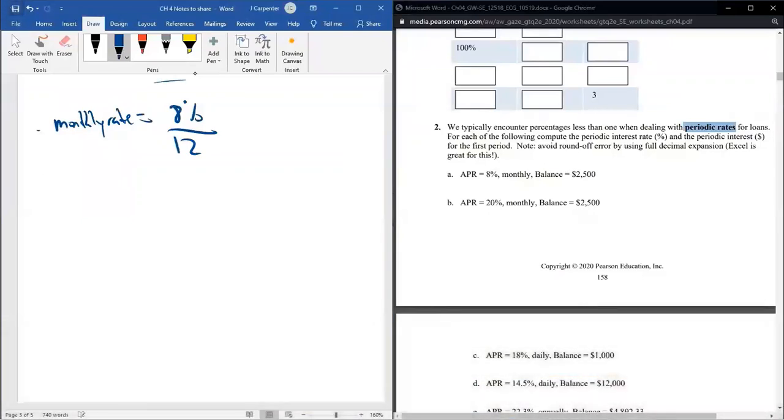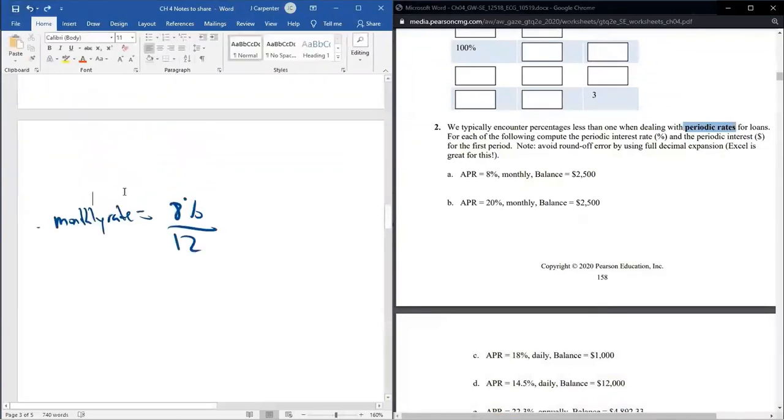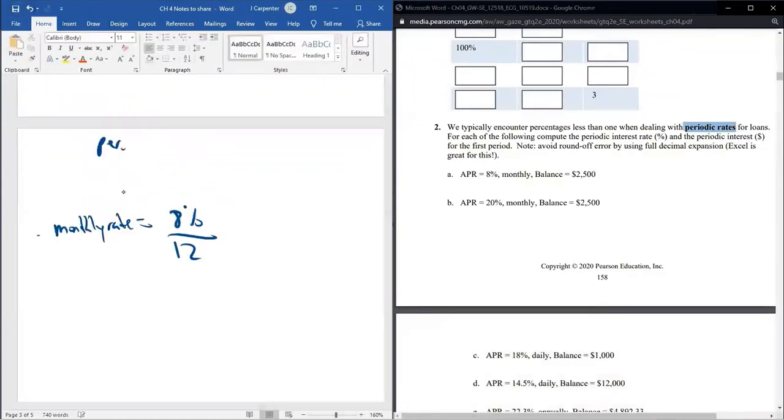Again, this was a formula that we gave you back in those chapter 1 notes, that a periodic rate is equal to the annual rate divided by the number of periods. Again, the periodic rate is the annual rate, APR, divided by the number of periods.